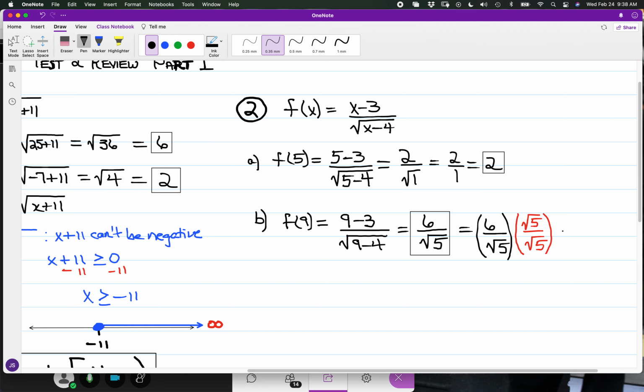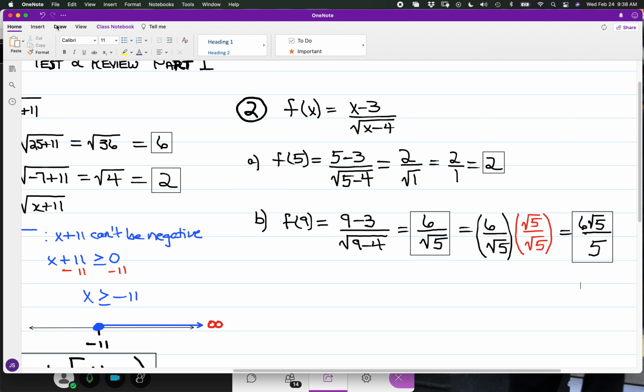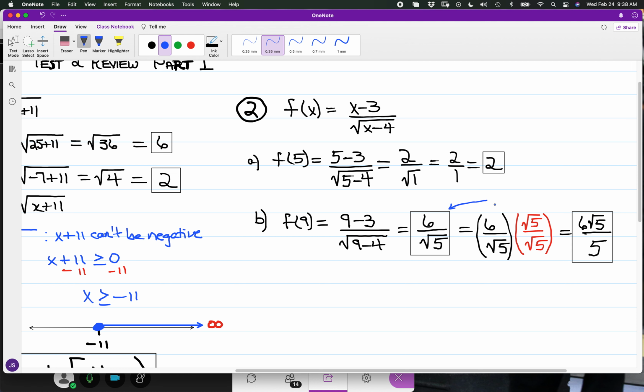And for this version, this would be 6 times the square root of 5, and the square root of 5 times itself, this would be the square root of 25, and that would go to 5. So again, either version of this answer comes out to the same result.